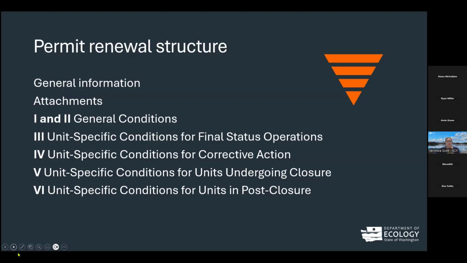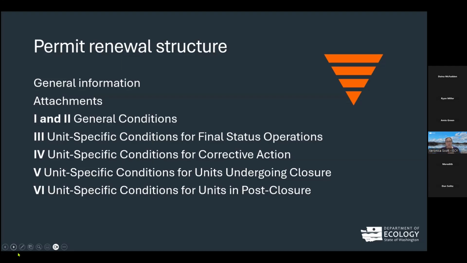So if we start, we have some general information. This includes things like our fact sheet, our transmittal letter, response to the comments from our 2012 Rev 9 submittal. And that information is right at the top.